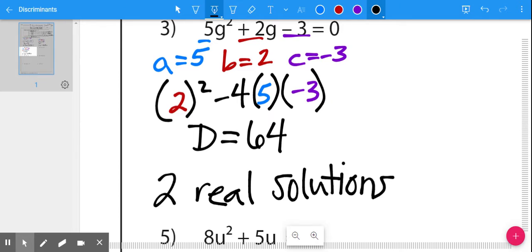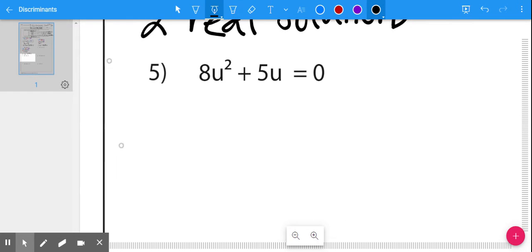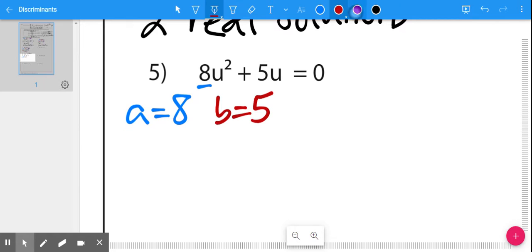All right, we're going to do one more of these together, and then I'm going to let you use the rest of them as practice. So number 5. A is 8 because it's touching your variable squared. B is 5 because it's touching just the variable. C, there's no constant added onto it, and there's a 0 on the right side of the equation, so we don't have to move anything to set it equal to 0 before assessing our ABC, so C is 0.